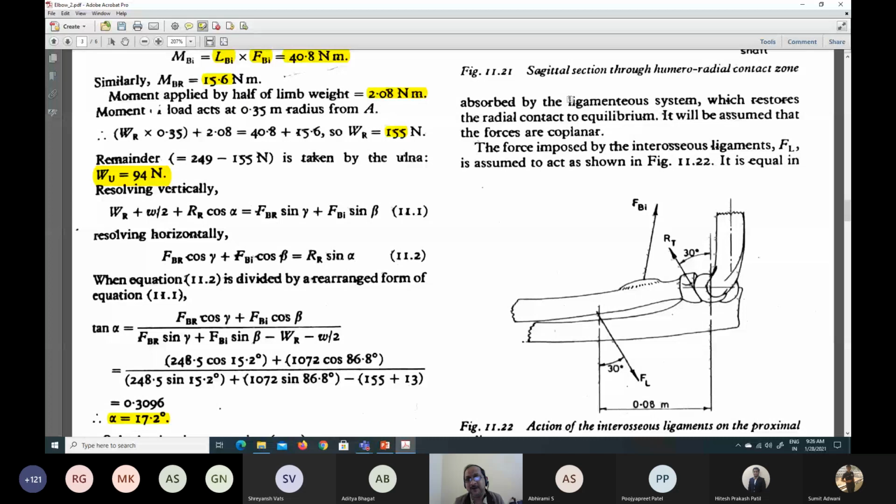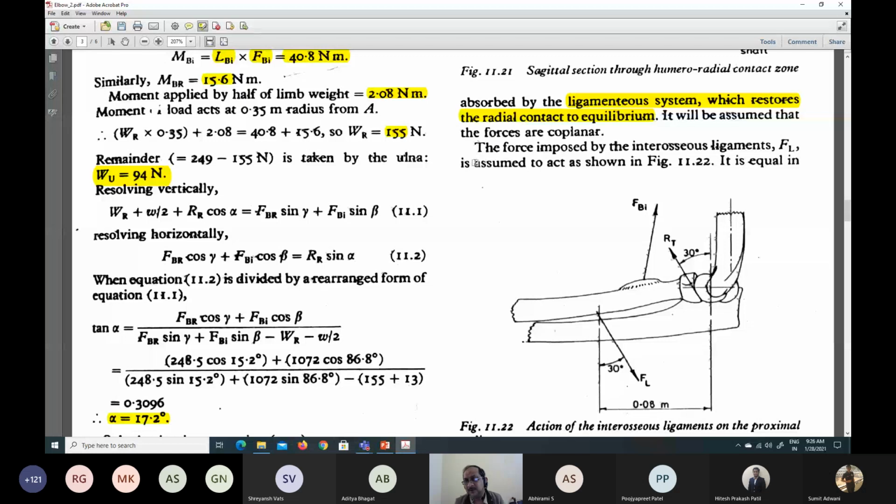This is very, very important. So I hope you now understand physically what is the contribution of the ligament in the whole musculoskeletal system. It basically stabilizes. It is a passive force that stabilizes by connecting two bones.